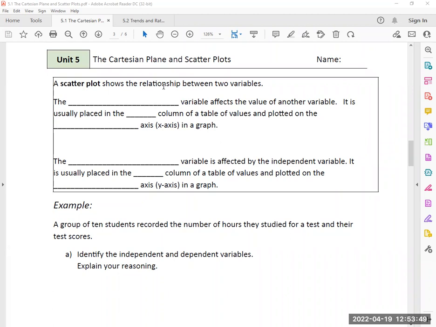Here we go. A scatter plot, this is what it looks like visually. You don't have to draw this, but I want you to know what it looks like so the words here make more sense to you. A scatter plot is essentially a collection of data like this. How about this?